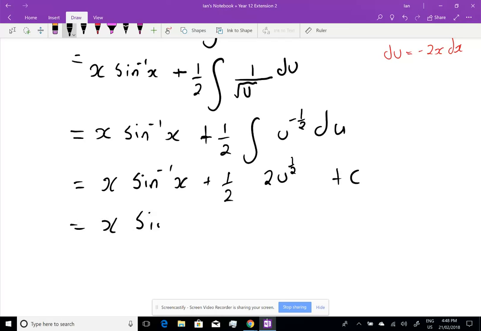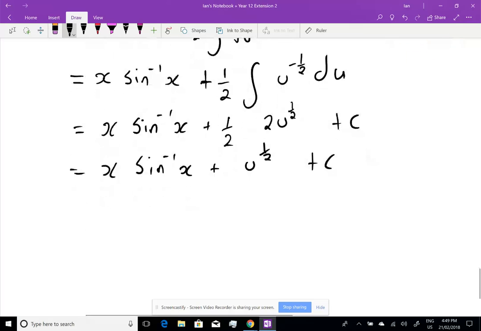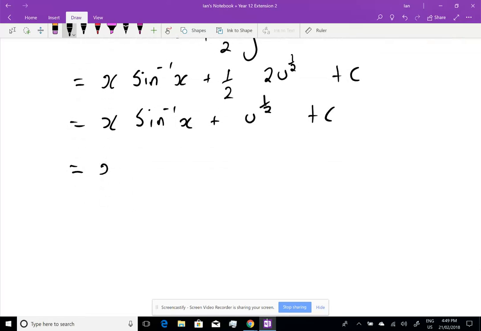The half and the 2 will cancel. So I've just got u to the half plus c. But what was u? u was 1 plus x squared, or 1 minus x squared. Plus some constant. And it's integrated.